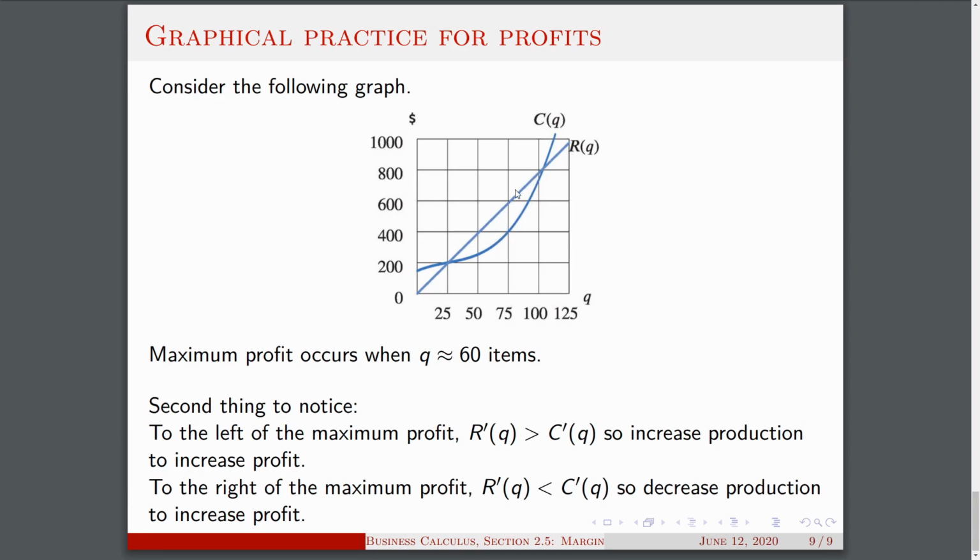Profit is still positive for this whole bit here, because revenue is higher than cost. But profit is decreasing because as we move forward, the gap that represents profit gets closed. You could think about it like that.